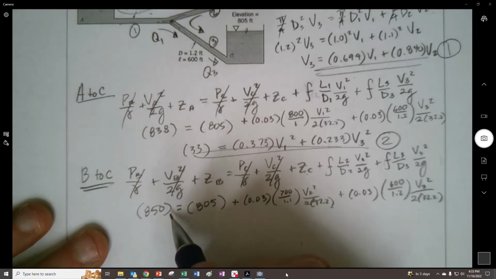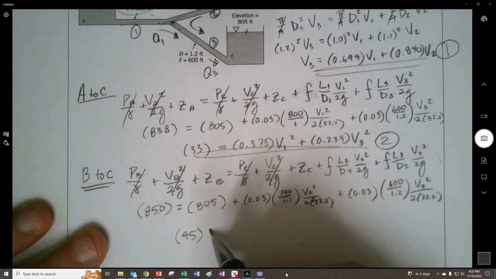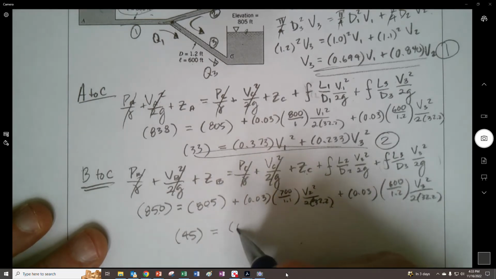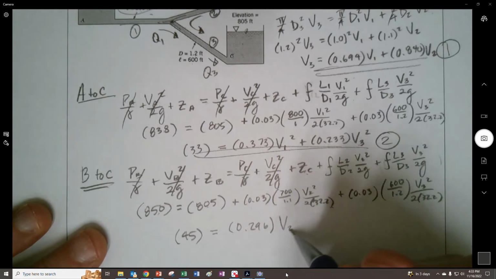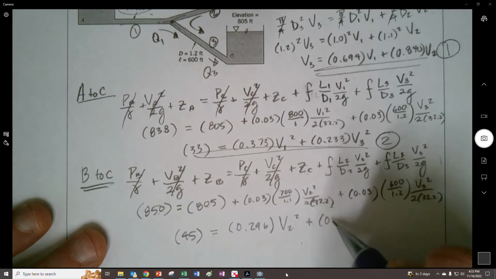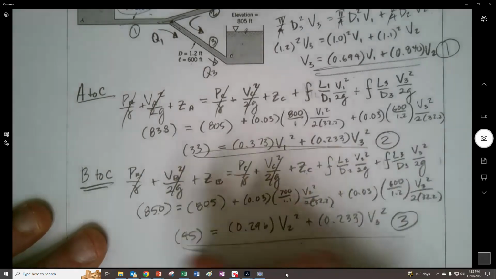So working through this, we're going to get 45 when we subtract this from there. So 45 is equal to 0.296 V2 squared plus 0.233 V3 squared. And this is going to be equation 3.